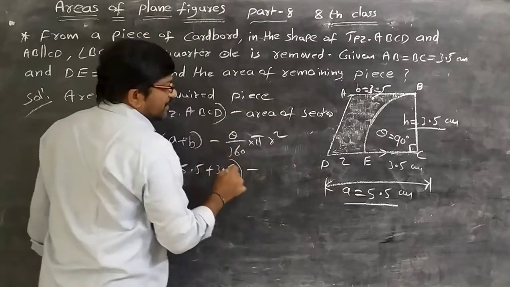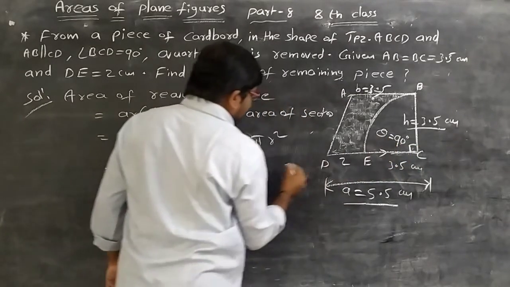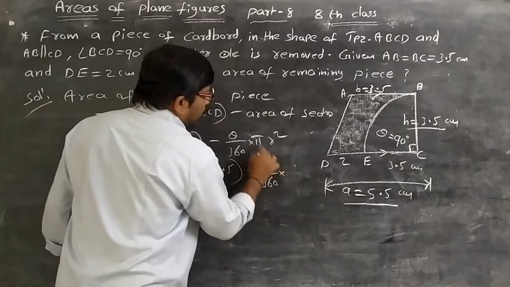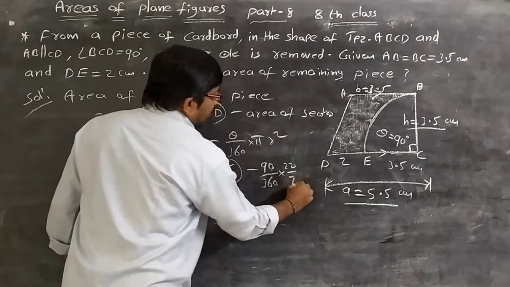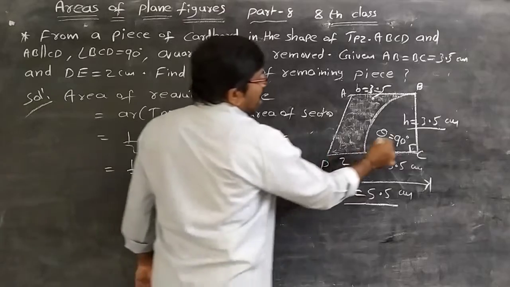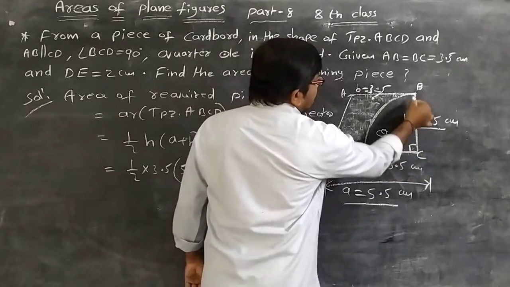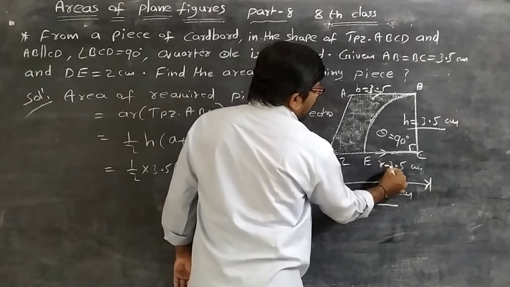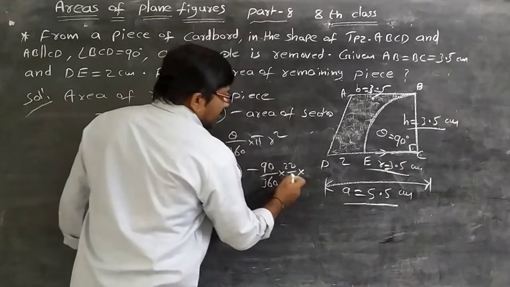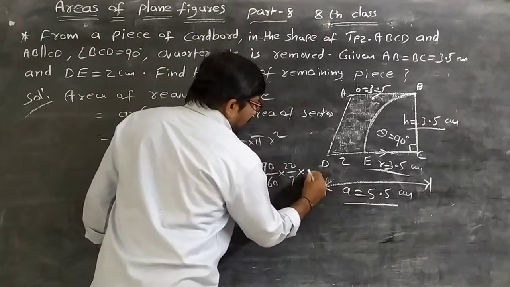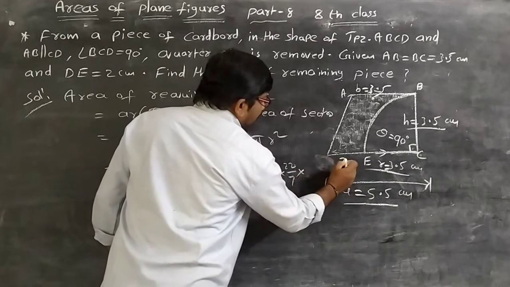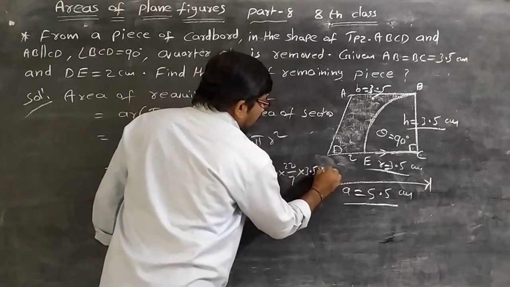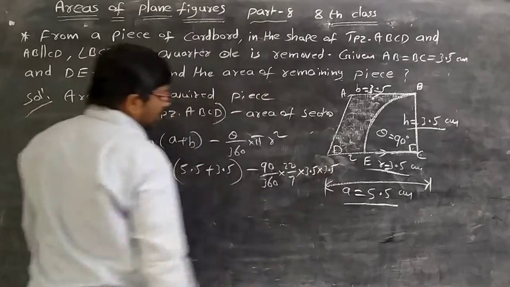Minus theta by 360. Theta means the angle of the sector, that is 90. 90 by 360 into pi, 22 by 7, into r square. r is the radius of this sector. The radius of this sector is 3.5, right? 3.5 can be written as 3.5 into 3.5 into 3.5, right?